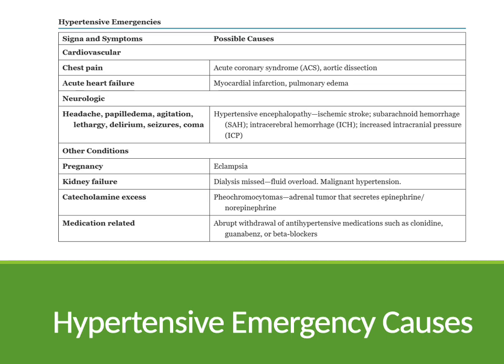Catecholamine excess can come from things like pheochromocytoma, I can never say that word. You've got a mass tumor that releases things like epinephrine and norepinephrine that causes a sudden rise in blood pressure. And then it can also be medication related. So these are some of the emergencies we see with elevated blood pressure.